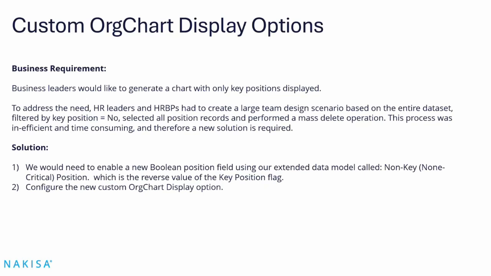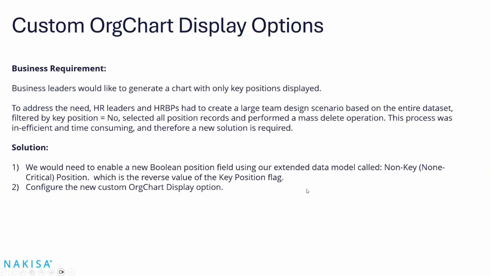So what is the new solution? The new solution is to basically say, okay, let's use the custom org chart display options to create that Boolean field and map it to one of the available extended Boolean fields, such as at the position level.